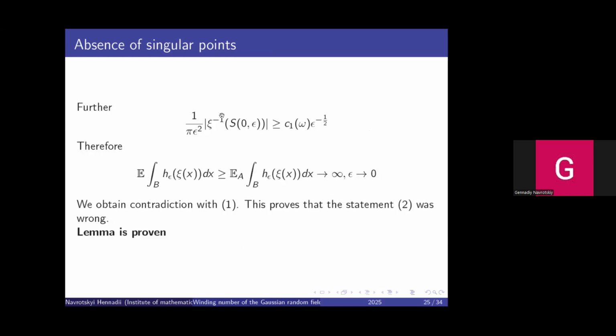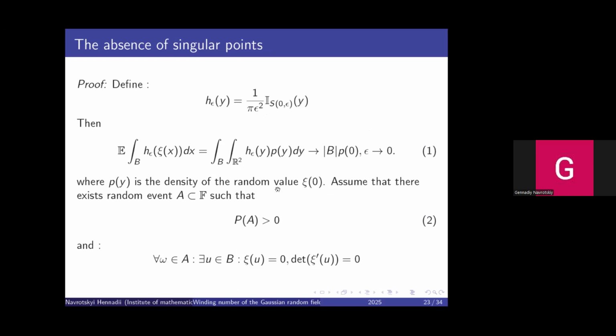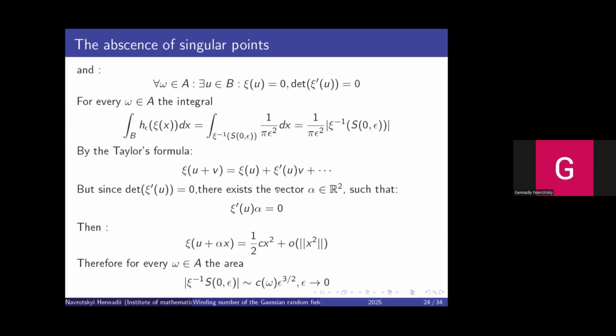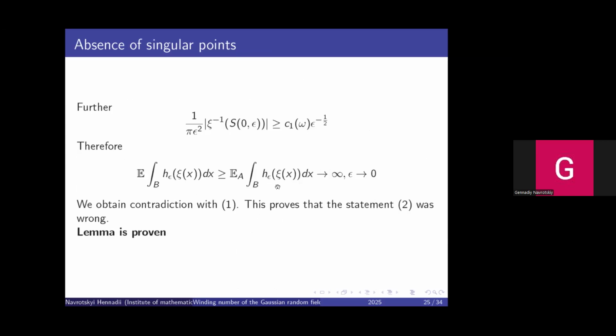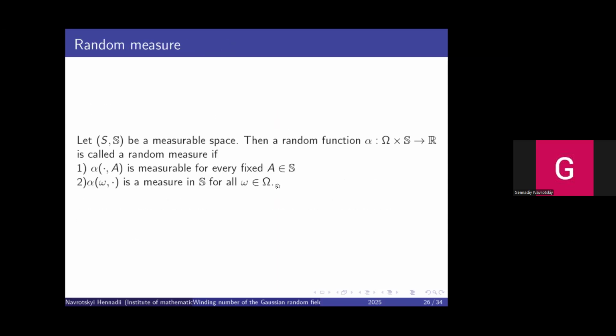But then this expectation will converge to infinity, but we already stated that it would converge to some finite limit. So then we obtain a contradiction.